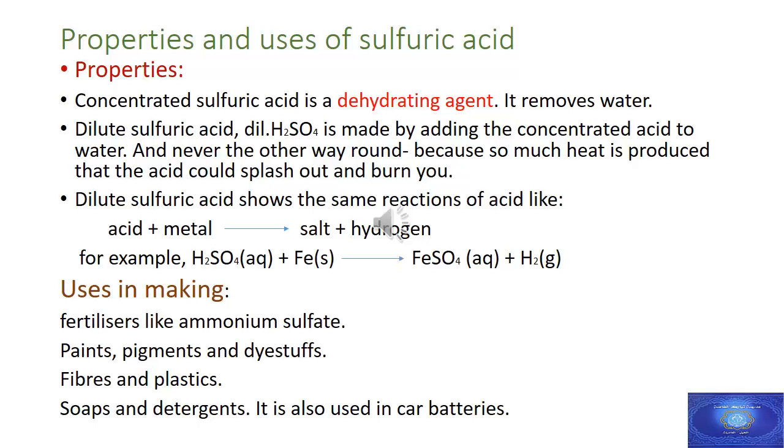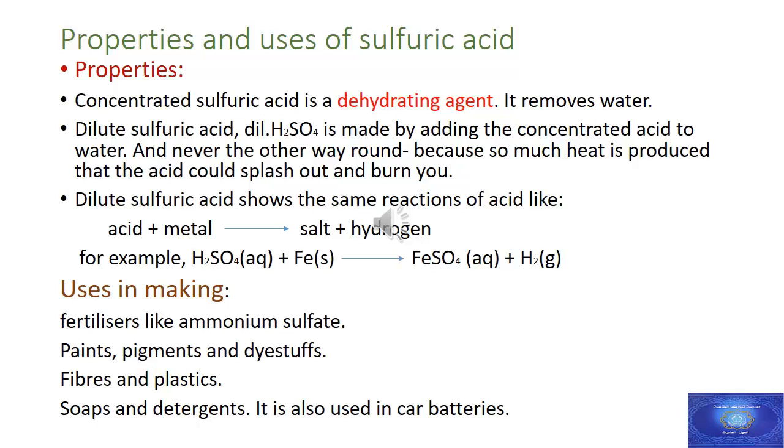Add acid to water, because so much heat is produced that it could splash out and burn you when you add water to the acid. So always add acid to water. This is how dilute sulfuric acid is prepared.